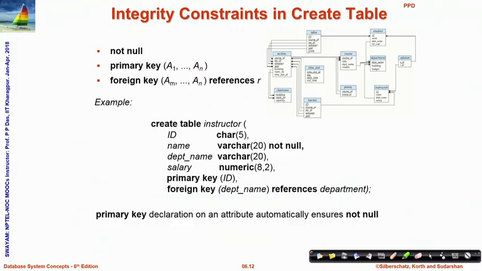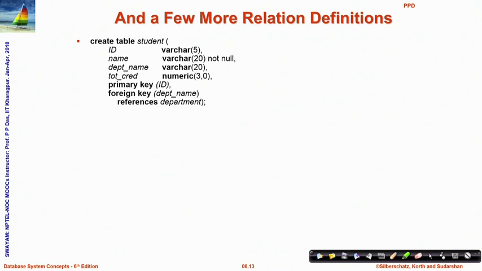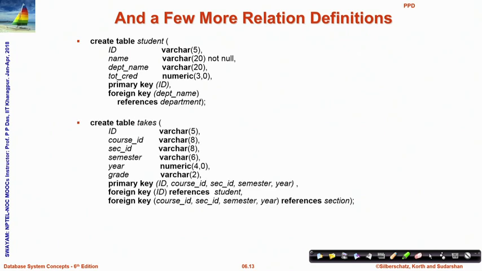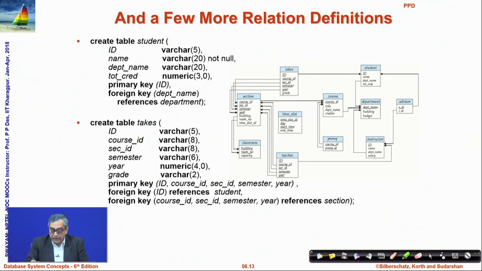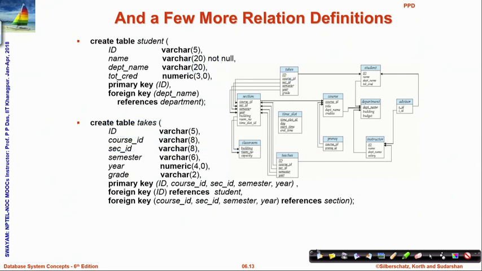So, here are a couple more examples. I will not go through them in detail. I will request you to take time and carefully understand them. Again, these are about different relations that exist here, about the student and about the courses that the student takes, and in every case the set of fields that you have in the table in the design of the schema are listed in the create table.